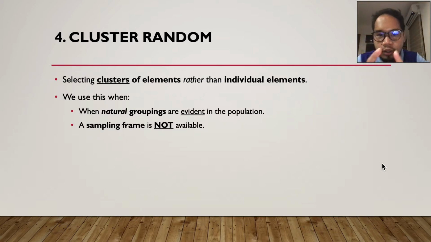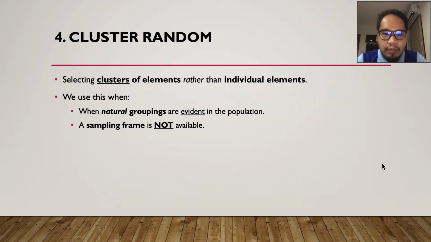So take note of this second assumption, that you don't need to have a sampling frame or a list of everyone in the population. This is actually one of the great things about cluster random sampling. You can still have randomness in your sampling procedure even if you don't have a sampling frame.